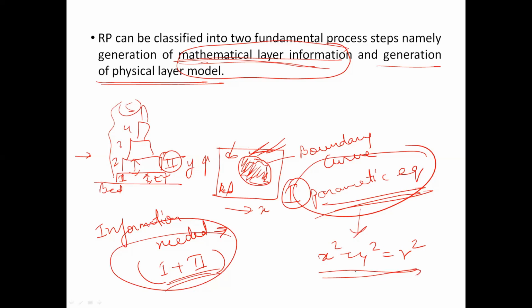The data points of the parametric equation will change. So every layer information that is developed or processed in additive manufacturing system or rapid prototyping system is a discrete information. So if you change this discrete information, what will happen?